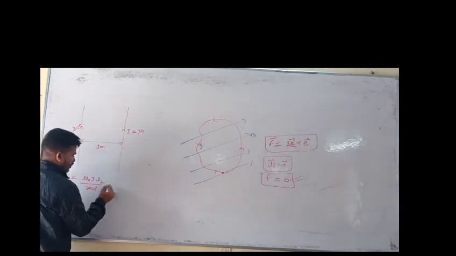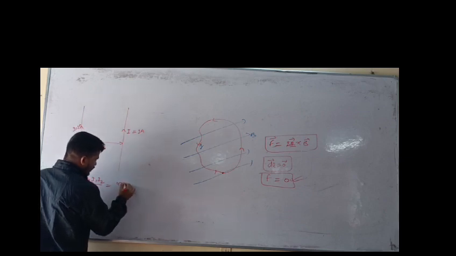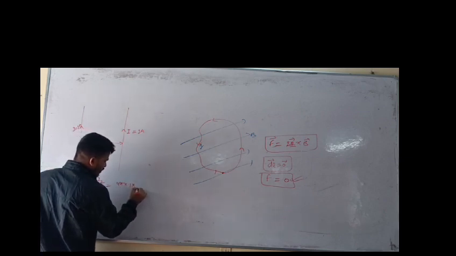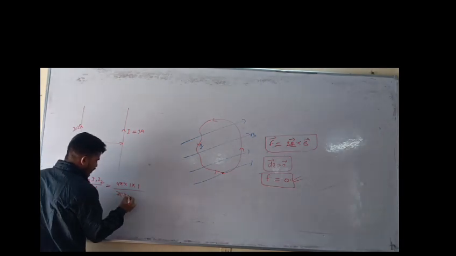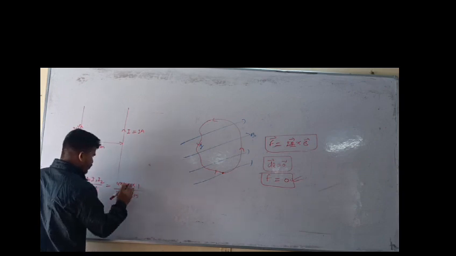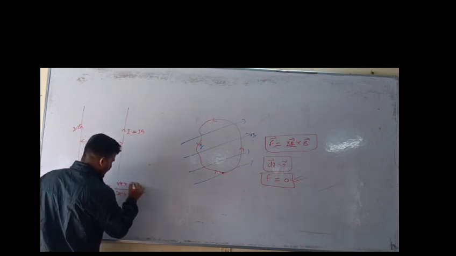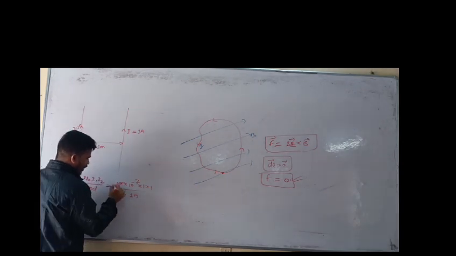This should be equal to what? Let's calculate. 4 pi into 10 to the minus 7 into 1 ampere into 1 ampere, divided by 2 pi into d. d is 1 meter. 1 into 1. Yes or no? 2 pi, 2 pi.